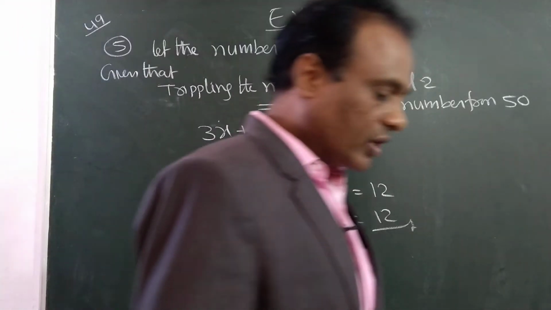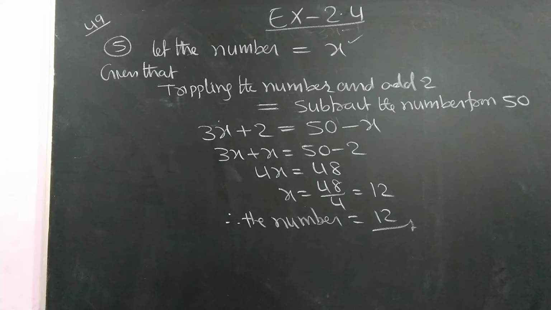The 5th is over. Now read the 6th question. All are different: the 6th question is a different model, the 7th question is a different model, the 8th question is a different model, like that.